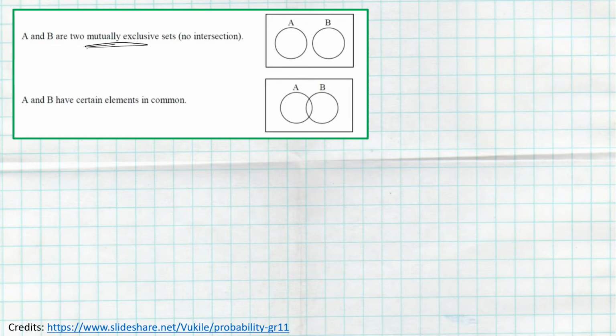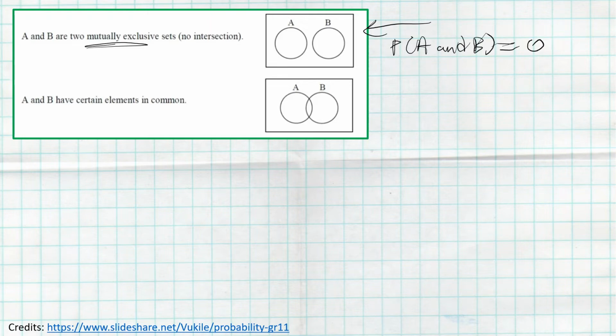You can see it on a Venn diagram where you have your event A here and your event B there, and there's no intersection between A and B, meaning the probability of A and B is equal to 0, because there's no intersection. So this implies the two events are mutually exclusive.